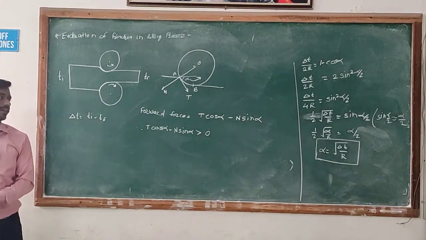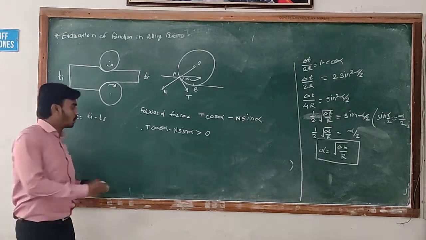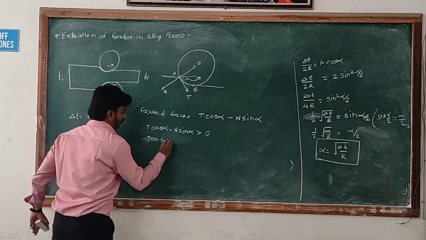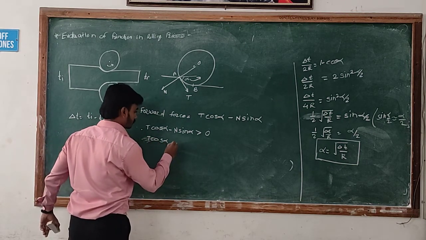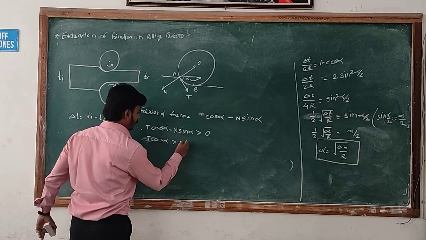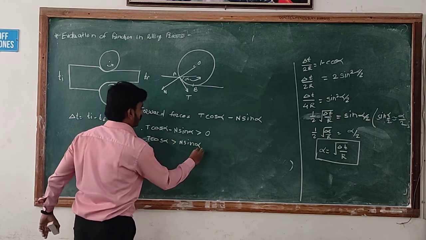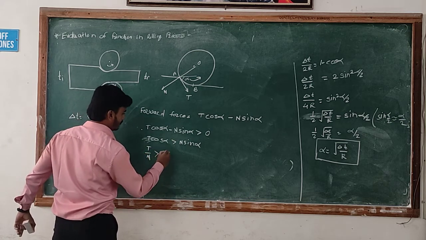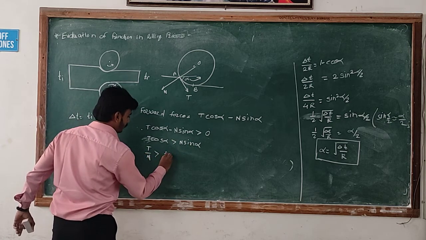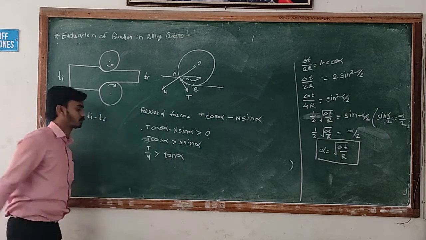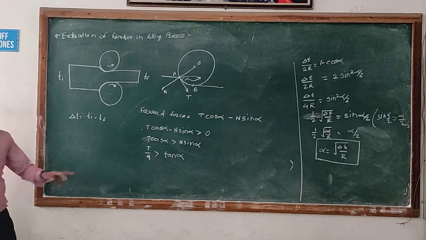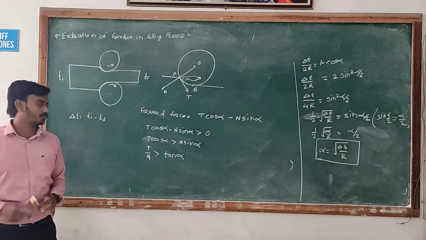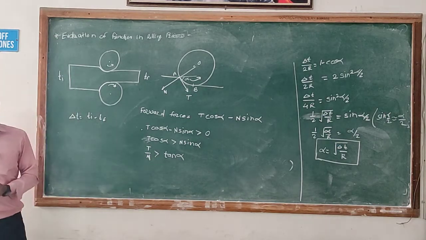So T cos alpha should be greater than N sin alpha, so T upon N is greater than sin upon cos, which is tan alpha. T upon N should be greater than tan alpha.